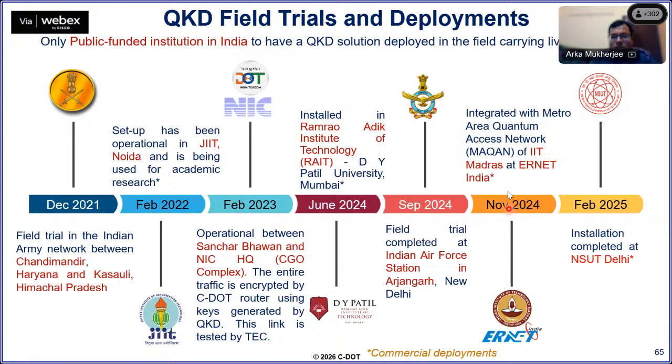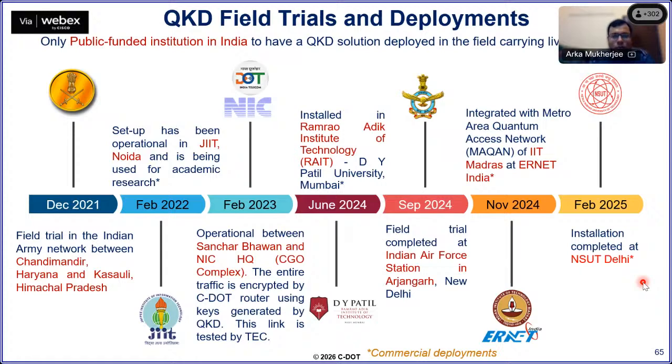One system was installed in ARNet India, and it was connected with the Metro Area Quantum Access Network, or MACAN, of IIT Madras. It was helpful for testing the interoperability between two QKD links, one from IIT Madras and one from CDOT. And in February last year we also completed the installation at Netaji Subhas University of Technology in Delhi. So multiple educational institutes have procured our systems, and they are using them for different academic research purposes.